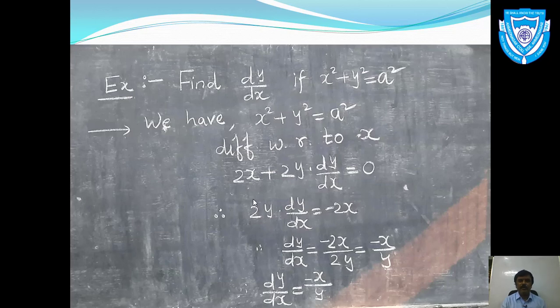The derivative of x square is 2x plus the derivative of y square is 2y into dy by dx, which is equals to, at the right hand side we have written 0 directly. Why? Because we know what is a square. A square is constant and the derivative of constant is 0. So you can observe that what we have got, 2x plus 2y into dy by dx is equals to 0.